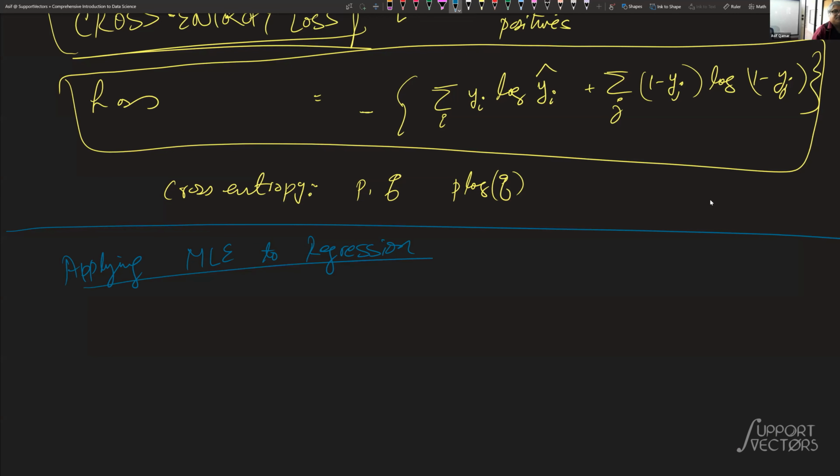If you apply MLE to regression, so how does it do that? Remember that suppose you have a point, you have a line. And so suppose you make a hypothesis. Your hypothesis line goes like this, right? You know that you will have your residuals.